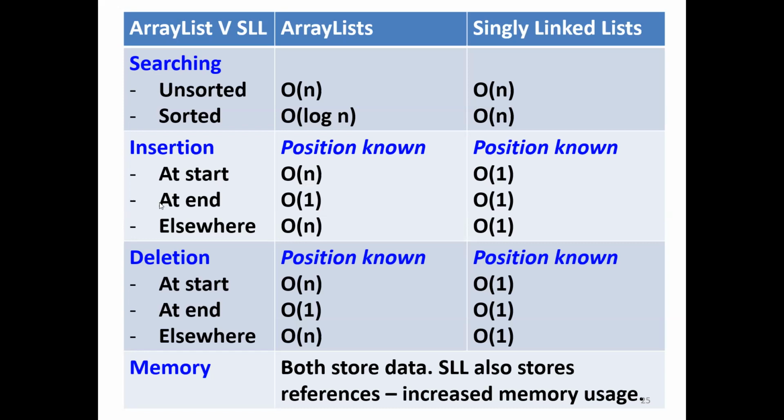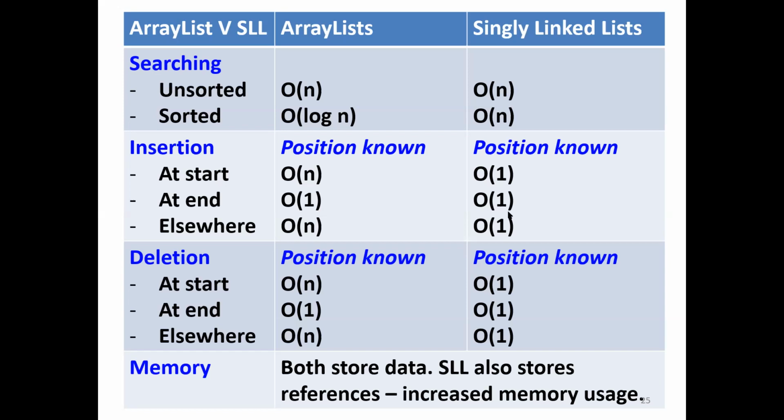But if we want to insert at the end, where you do not need to adjust any element, then the insertion will be just an efficiency of the order of 1. But for the case of singly linked list, all the operations of insertion are of the order of 1.